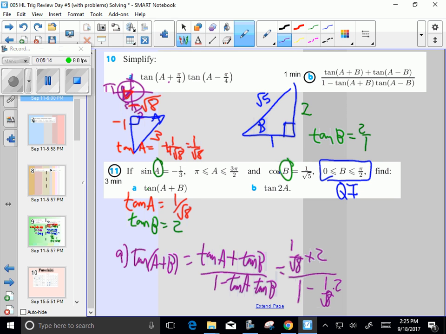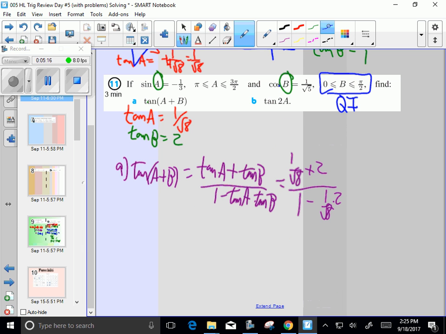And if you want an answer for that, it's just going to be square root of 8 over square root of 8. So you'll have 1 plus 2 square root of 8 all over the square root of 8.